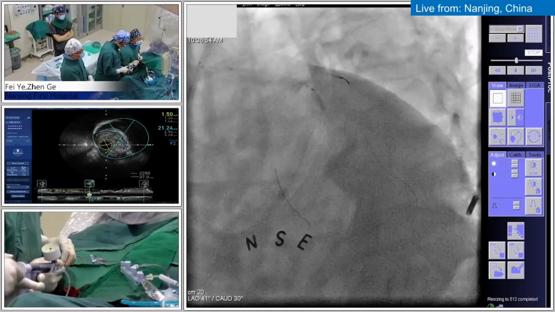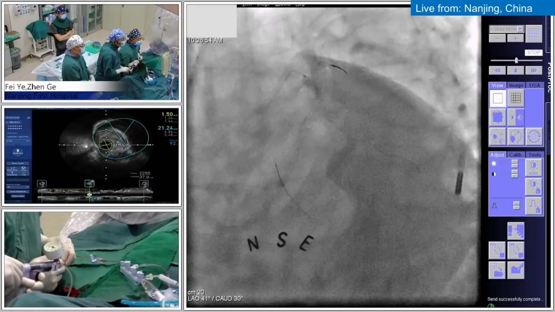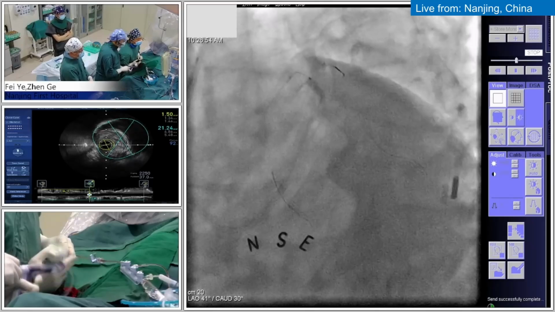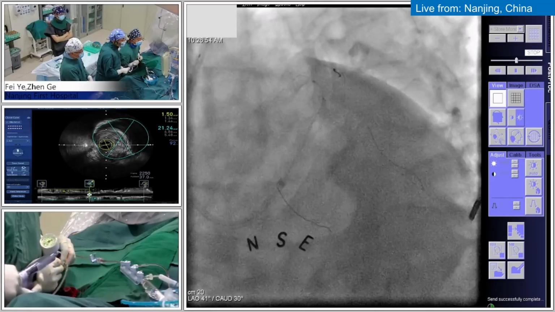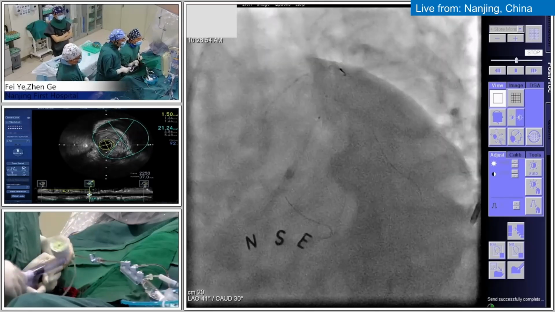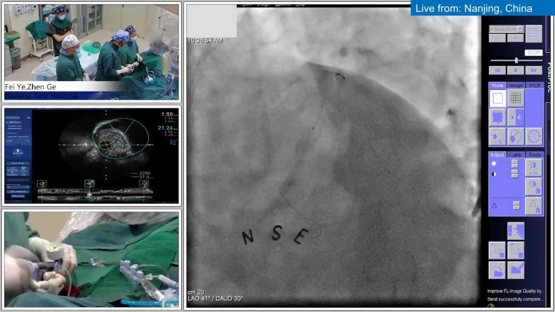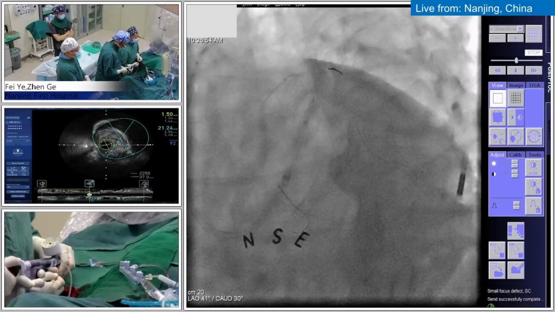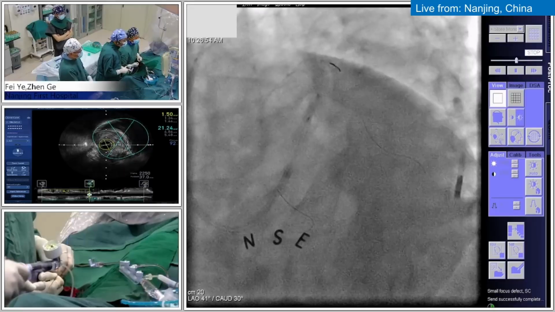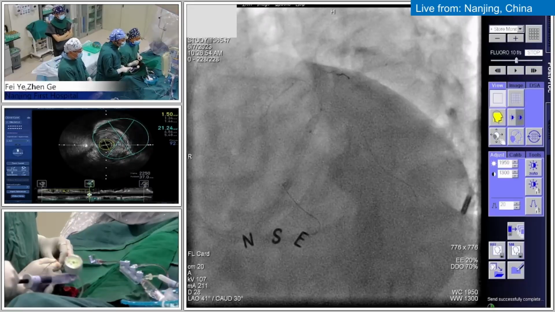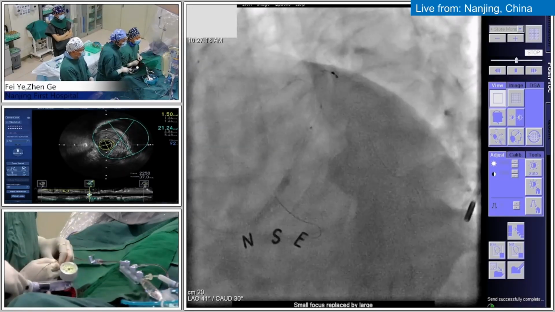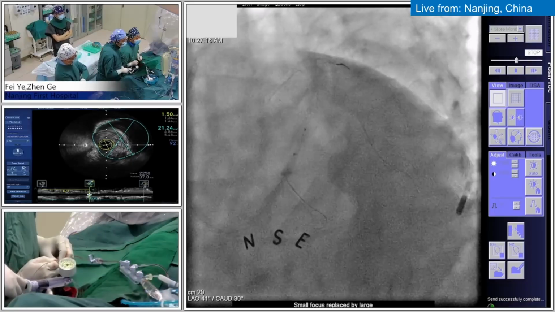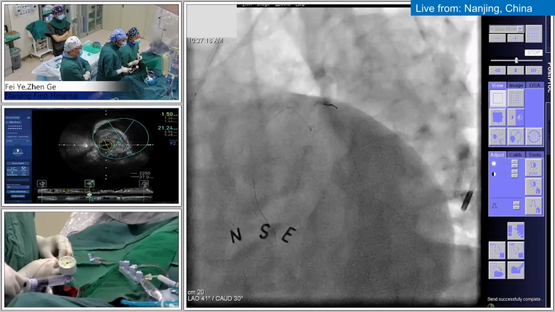What's the pressure? 6. Here is okay, just because of the angulation side. Yes, here. 6, 8. I think pre-dilate is the angulated side, LAD.